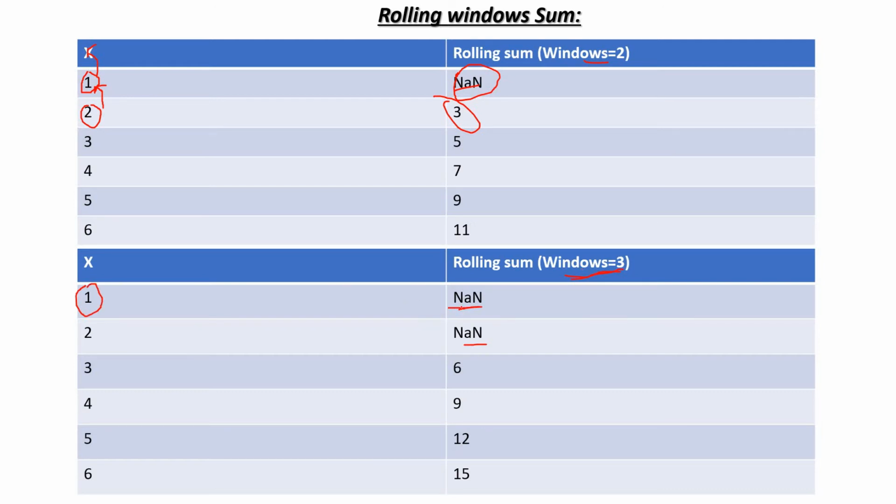Because window equals 3, we have one element, this one, but before this element we don't have any element, we should have two more elements. To add this one we don't have, that's why we are getting NaN. Here as well we have two elements, this one, but where is the third one? Third element we don't have, that's why we are getting NaN.